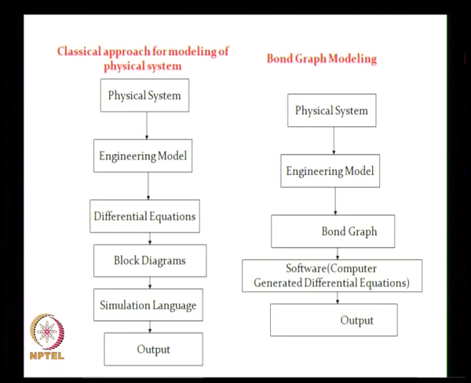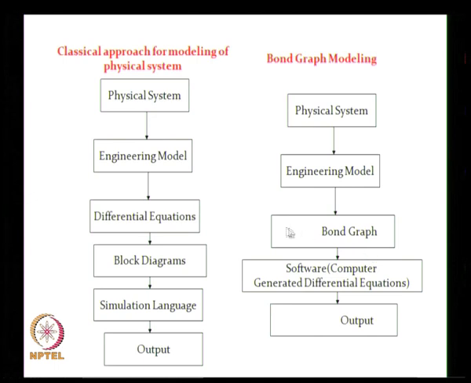In this diagram I explained the difference between the conventional way of modeling and Bondgraph modeling. Here we do not go for the differential equations, instead we directly go for the Bondgraph model. Directly from the physical system we develop an engineering model of the system and then convert that into a Bondgraph, and then we can use standard software for simulation.